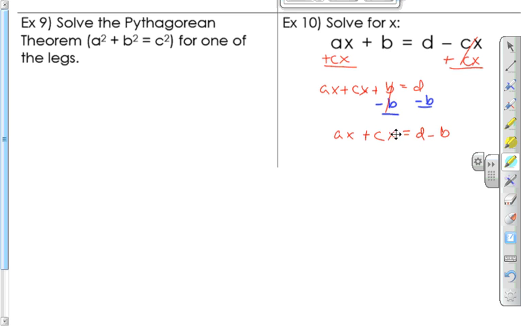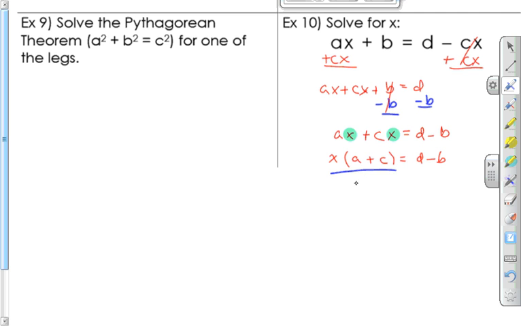Well, remember, we can use the distributive property in reverse if we have a common factor. We have a common factor here of x. So ax plus cx is really equivalent to x times the quantity a plus c. Right? Because if we distribute this back, x times a would be ax, and x times c would be cx.